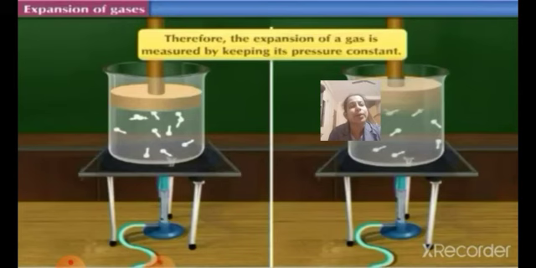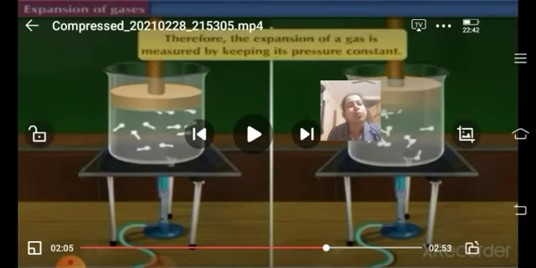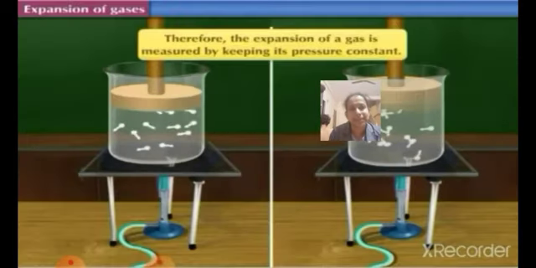Therefore when we talk about the volumetric expansion of the gas, we talk in terms of pressure. If we want a particular volume, we have to keep the pressure constant. Therefore the expansion of the gas is measured by heating while keeping its pressure constant.